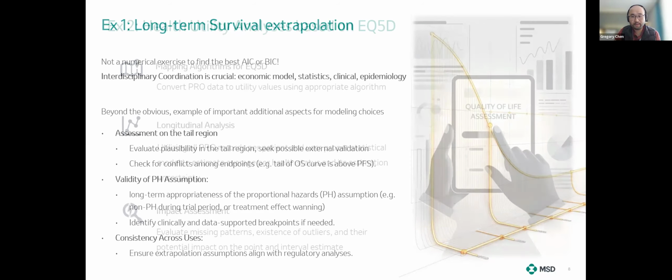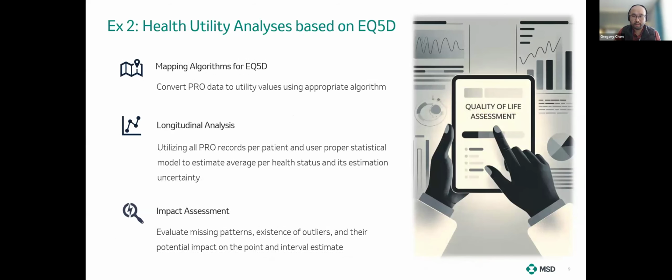So for the second example, maybe we take a look at the health utility analysis based on EQ5D in an oncology trial. Here, statisticians first need to work with economists to find the right algorithm for a country to convert the patient-reported outcome data into the utility value. And in the full set of the analysis, because of the longitudinal nature of the PRO data, after you translate the utility values, they might involve some longitudinal analysis model to estimate the average per health status of interest and their estimation uncertainty.